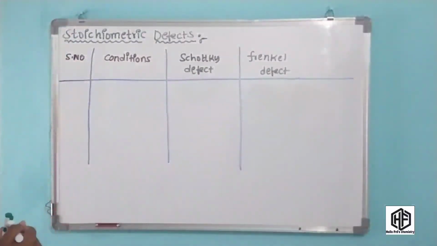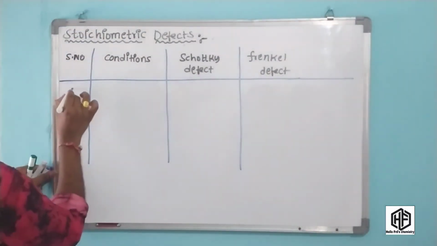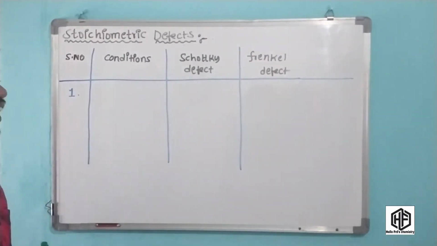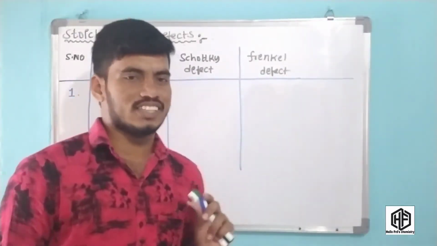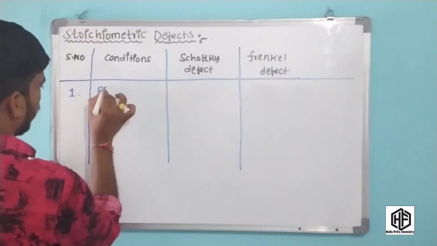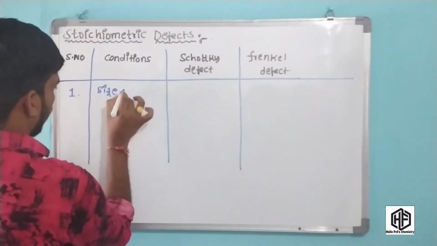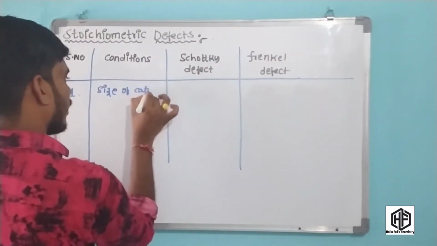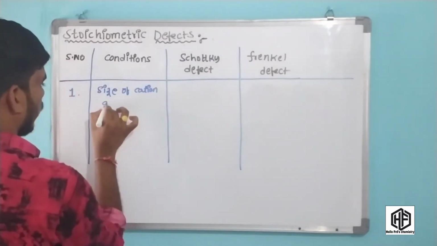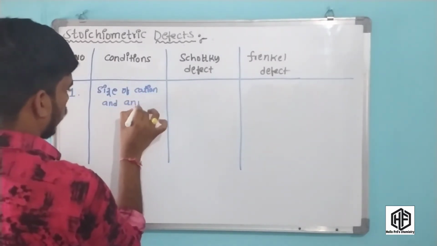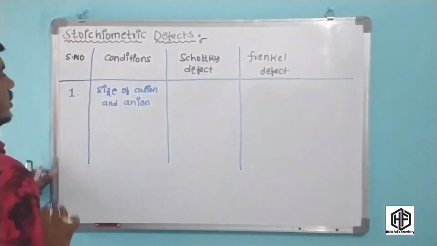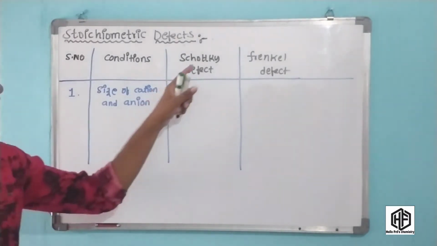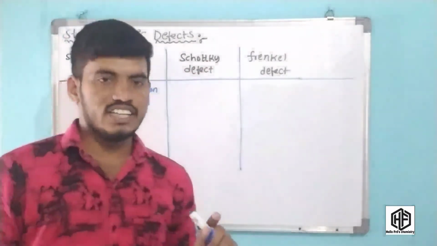First of all, serial number 1. What is the condition? The condition is the size of the cations and anions. Okay, friends, first condition is size of the cation and anion. Now we have to consider Schottky defect.